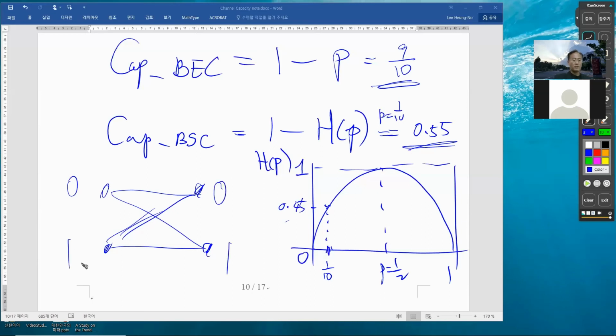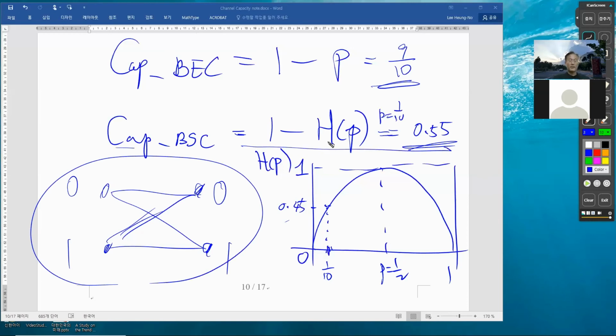You send 1, it could also be 0 or 1. So this channel is a much more complex channel. That's why the capacity gets smaller. All right, so that's a little bit of physical interpretation of these two channels, which are very important.